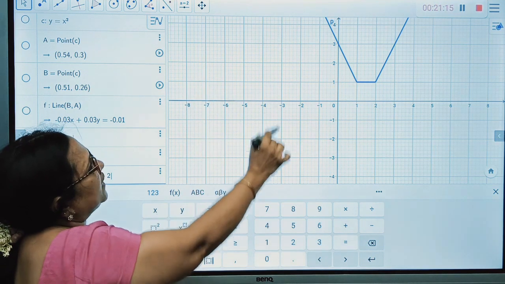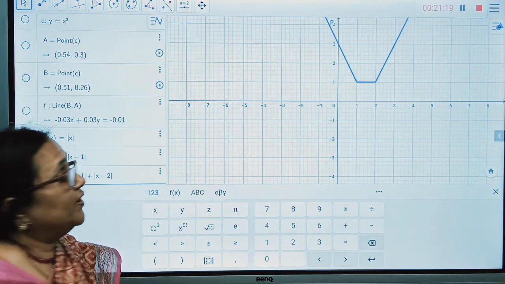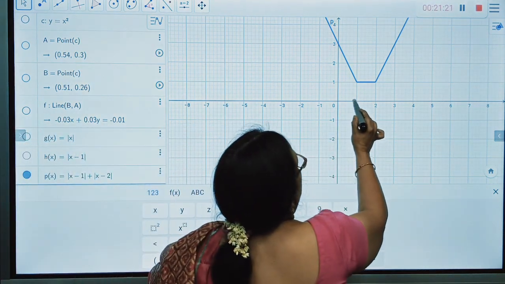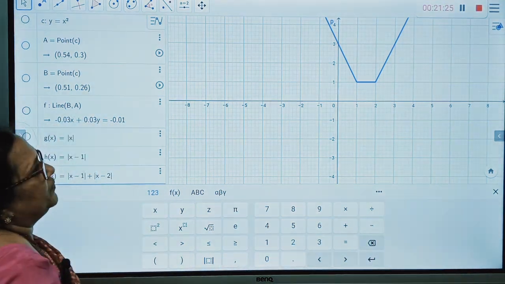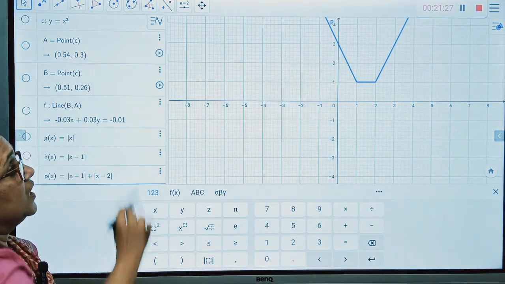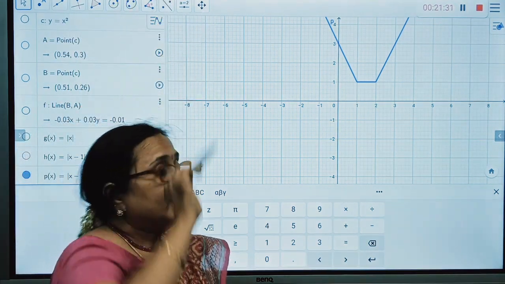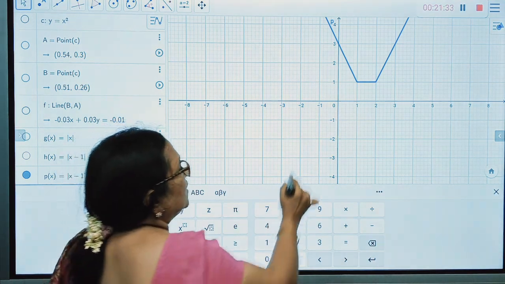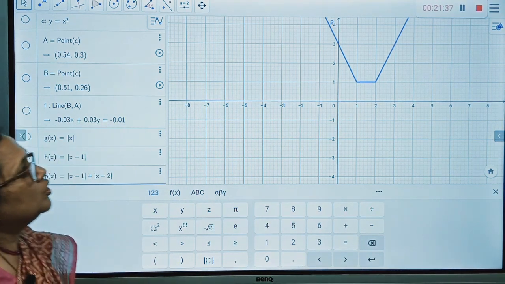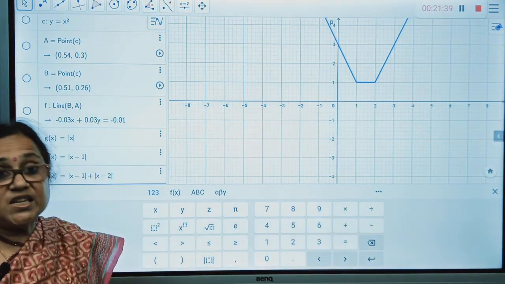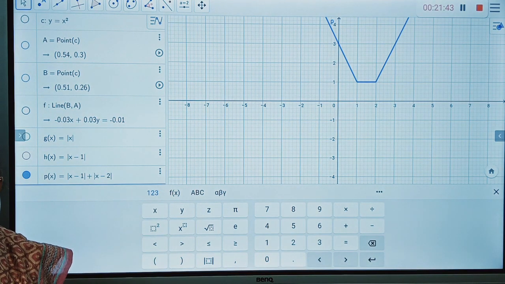But now looking at the graph, you must know where it is not differentiable. Where are the sharp corners? At x equal to 1 and at x equal to 2. So this is a function which is continuous because I can draw the graph without lifting my hand. It is not differentiable because there are sharp corners at x equal to 1 and x equal to 2. So by looking at the graph itself, you can say it is not differentiable at x equal to 1 and x equal to 2.